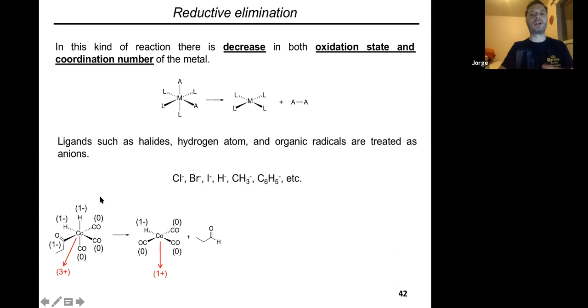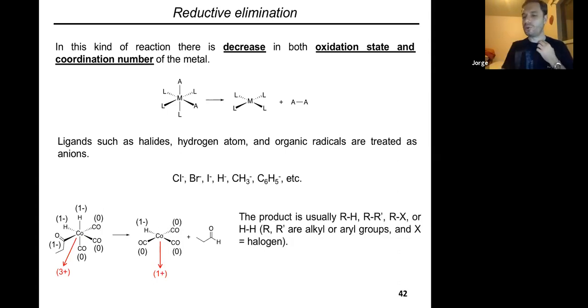When we have reductive elimination, usually the product is going to be an RH, RR', RX, or HH type of compound. Here R and R' are alkyl or aryl groups, and X is a halogen. Okay. I hope it is clear what a reductive elimination reaction is and how you identify that.